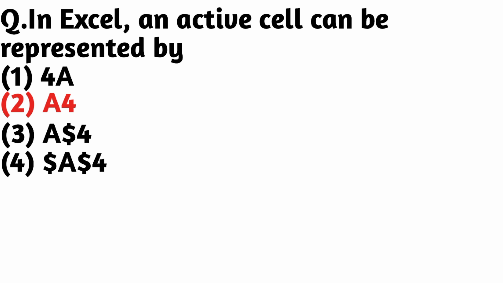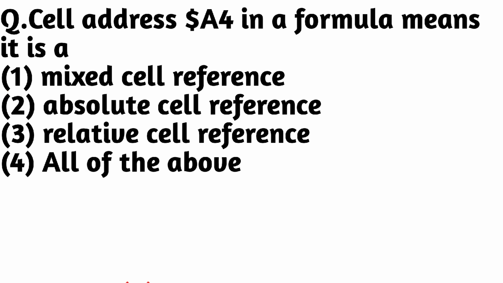Next, cell address $A4 in a formula means it is a option 1 mixed cell reference, 2 absolute cell reference, 3 relative cell reference and 4 all of the above. The correct answer is option 1 mixed cell reference.